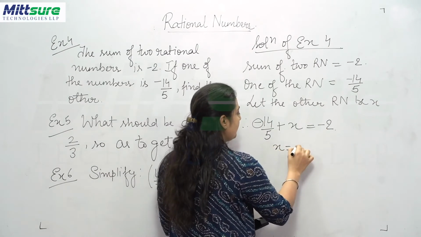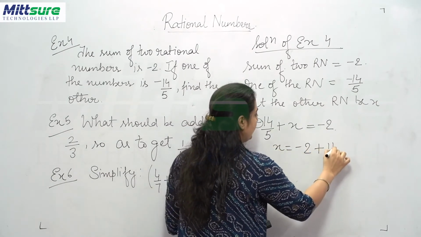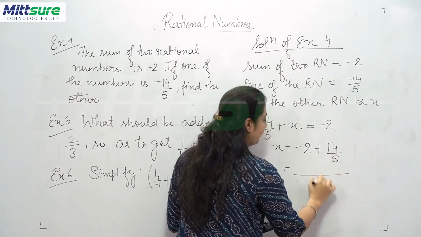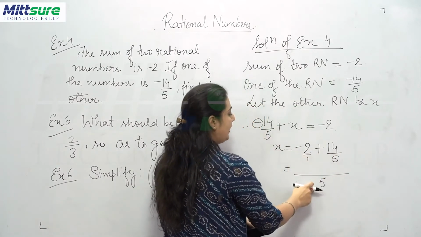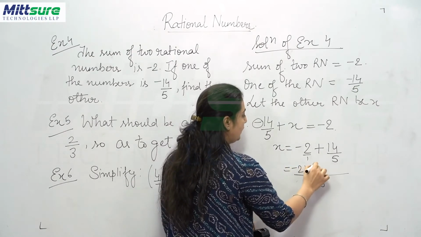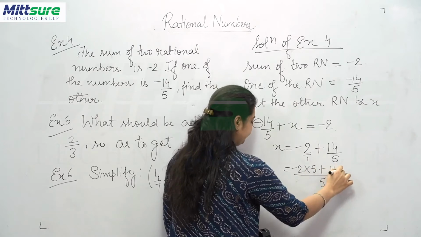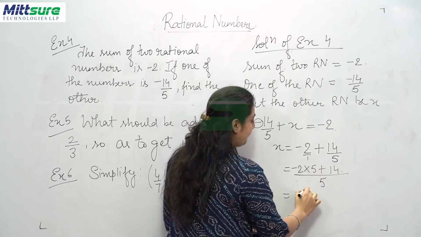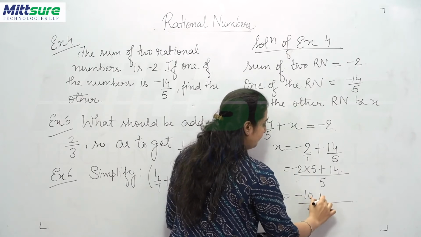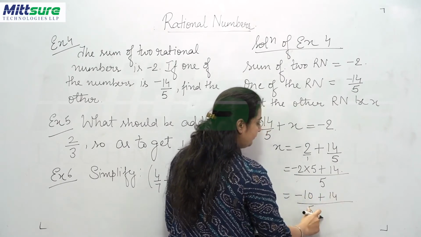See, x is equal to minus 2 plus 14 upon 5. Now let's take the LCM, 5. When I divide 5 by 1, I get 5. So minus 2 into 5 plus 14, that is minus 10 upon 5 plus 14 upon 5.